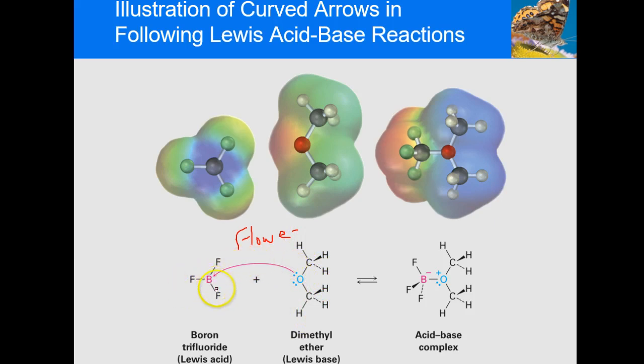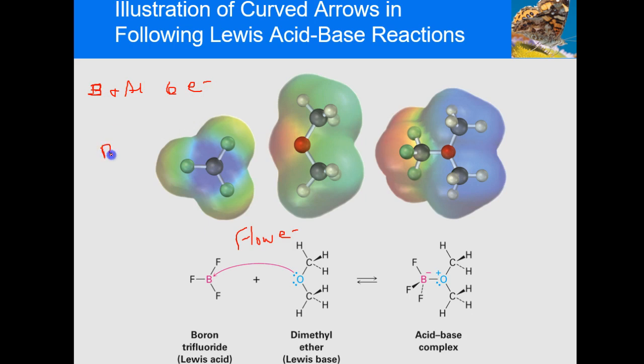Okay. Boron, I'm not sure if I've talked about it yet in class, but boron is special. Same for aluminum. Boron and aluminum do not follow the octet rule. That's a funny looking B, but that's a B. They are happy and neutral with only 6 valence electrons.